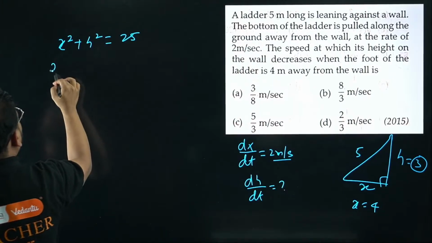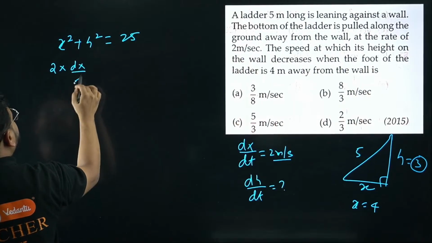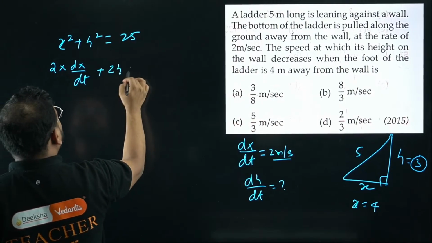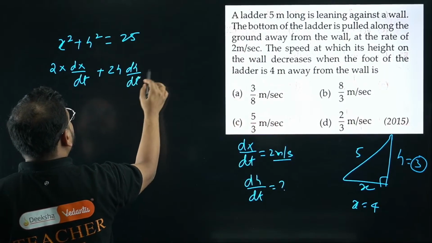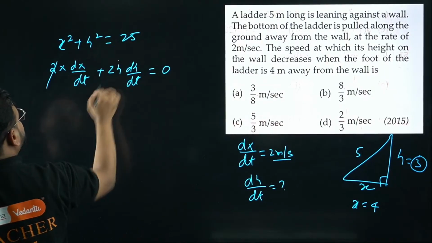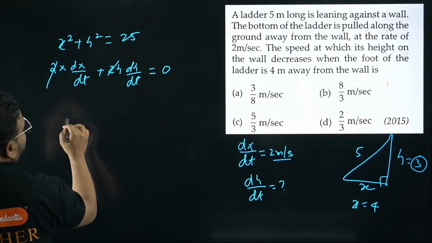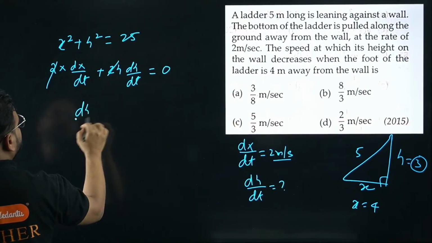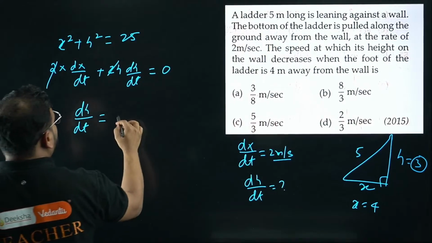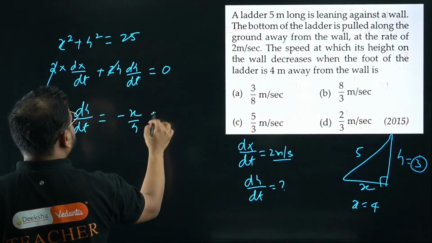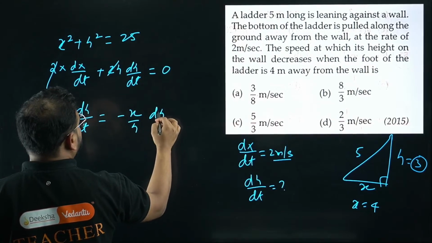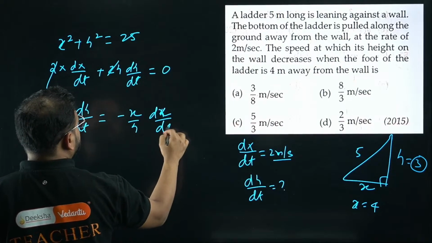Differentiate this, you will have 2x dx by dt plus 2h dh by dt equals 0. The 2 is a constant and cancels. I'm looking for dh by dt, so dh by dt equals minus x upon h times dx by dt.